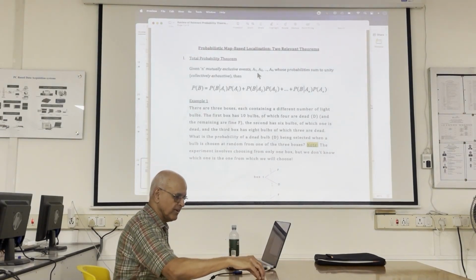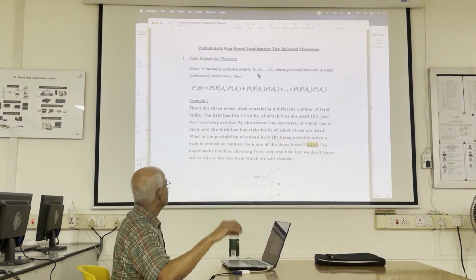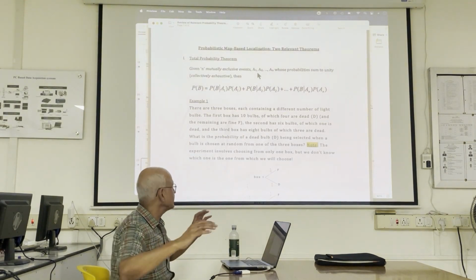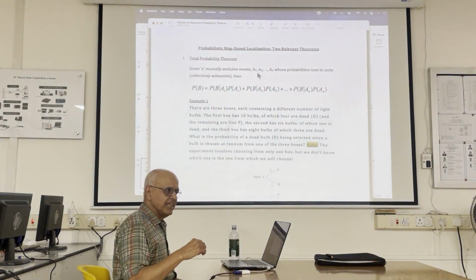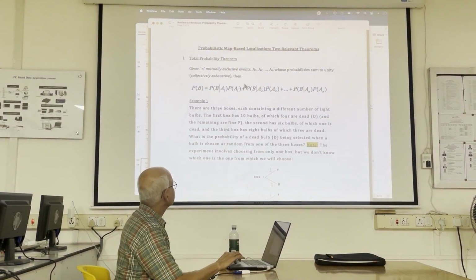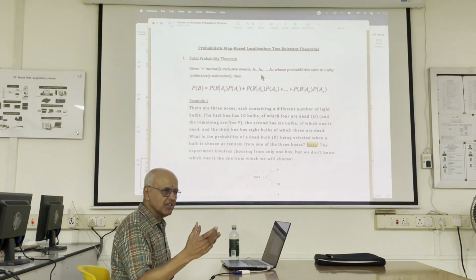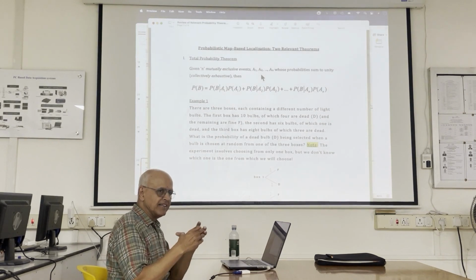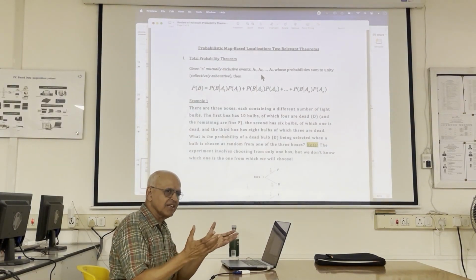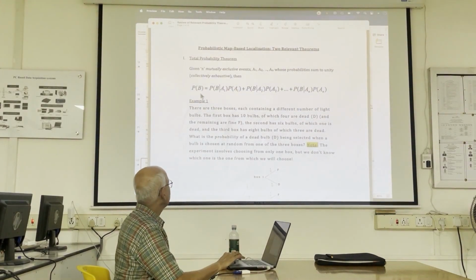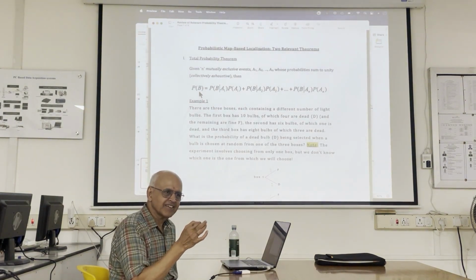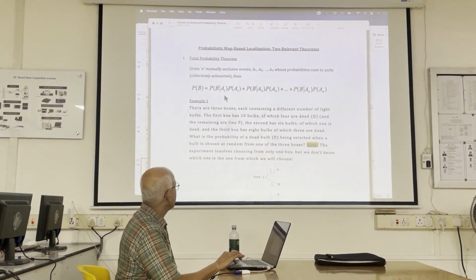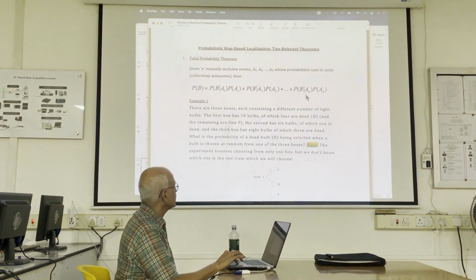Imagine that you have these mutually exclusive events occupying the entire sample space, and now you're dropping B on it. B is only part of it, so it intersects with some of the A's but not the others. So you can pick up the probability; basically this is like picking up the pieces of B. It can be obtained by one piece plus the second piece plus the nth piece.